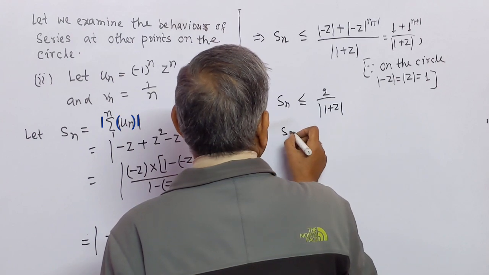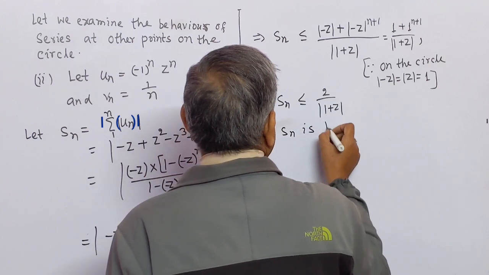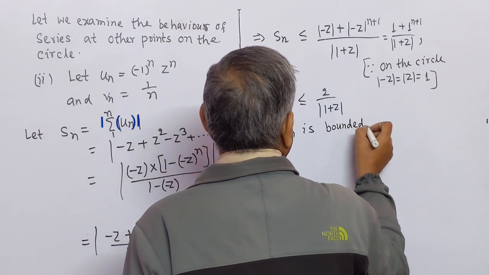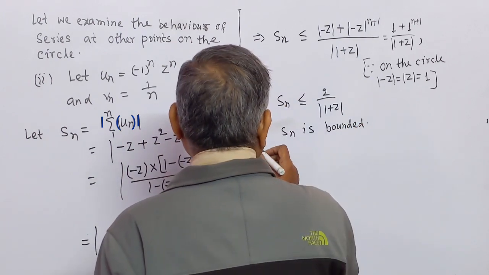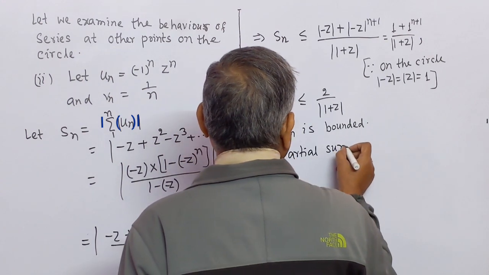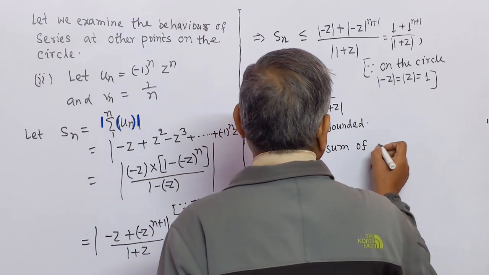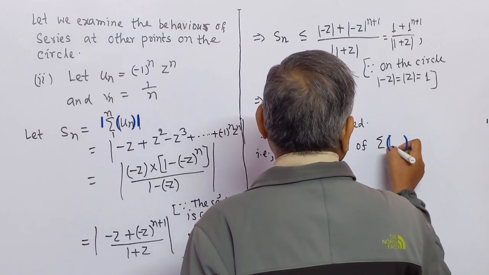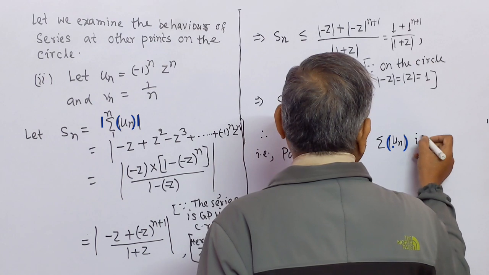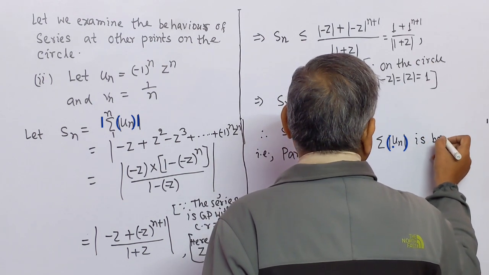Therefore, S_n is bounded. That is, the partial sum of the given sigma is bounded.